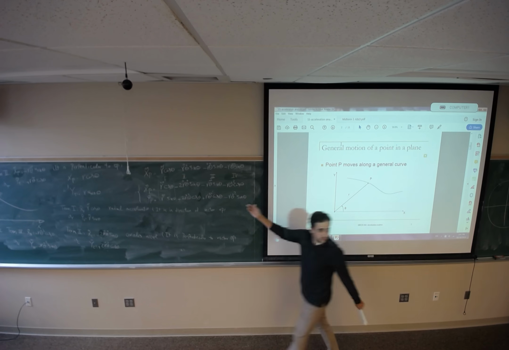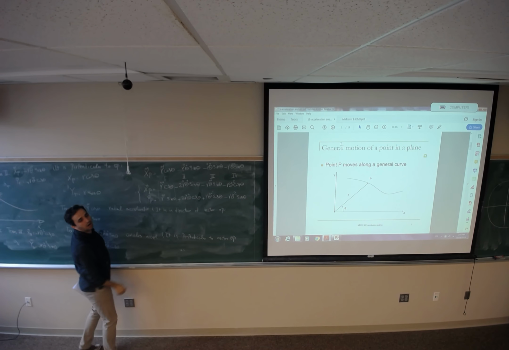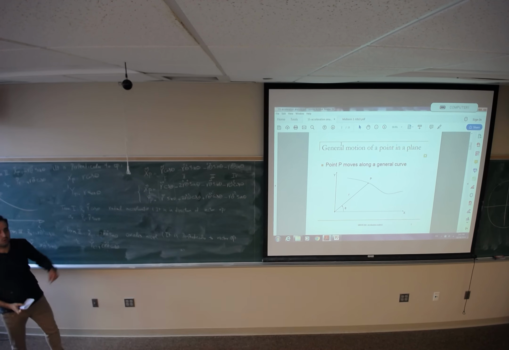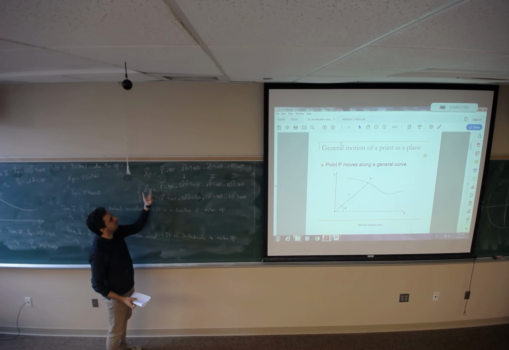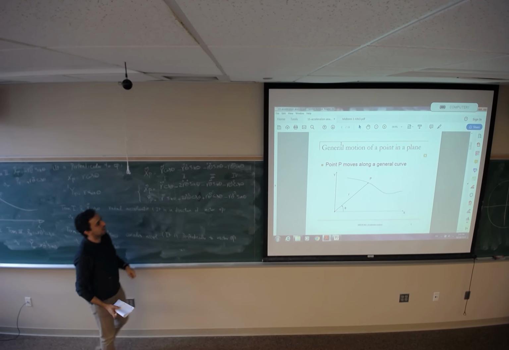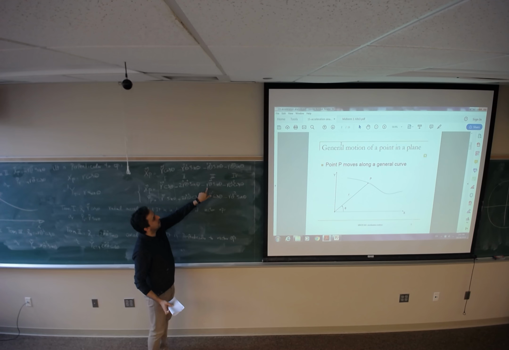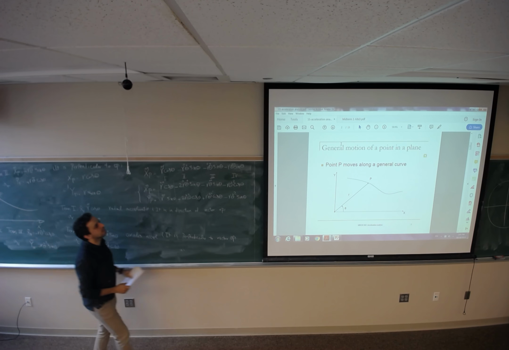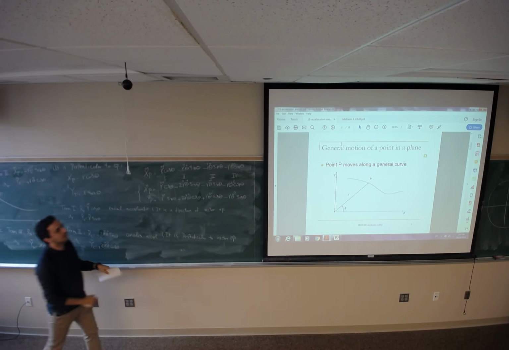First one, R double dot. R is not changing, so R dot is not changing, and R double dot is going to be 0. Second one, R is not changing, so R dot is going to be 0. Third term, we have R, but theta double dot is 0 because we have constant angular speed, exactly.